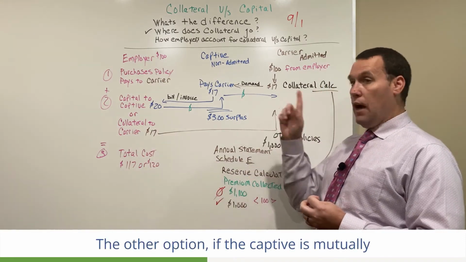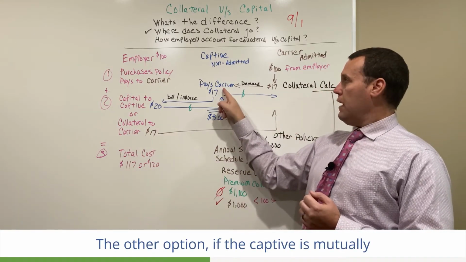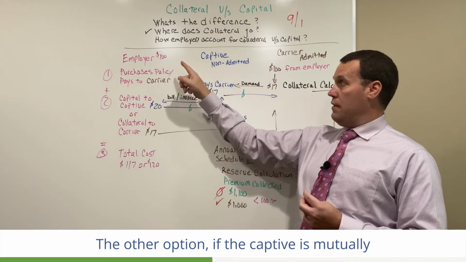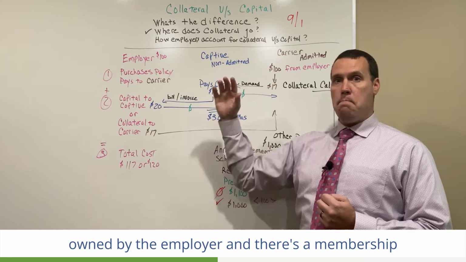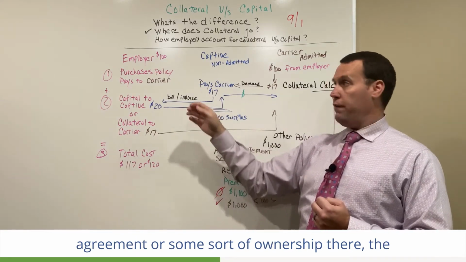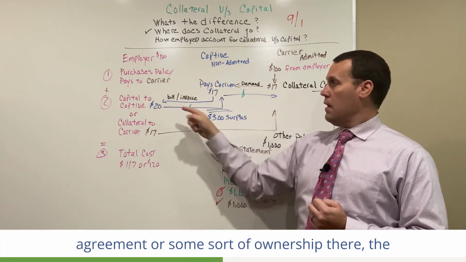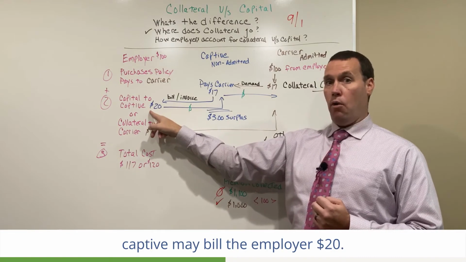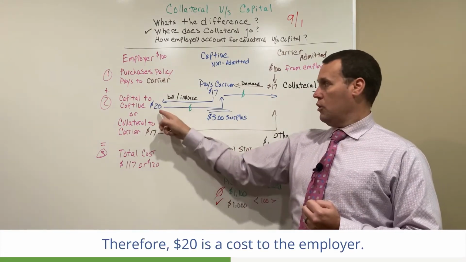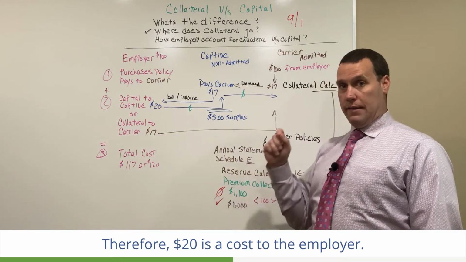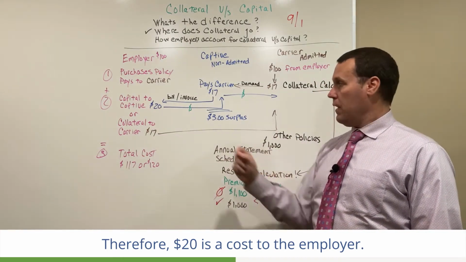Okay? The other option, if the captive is mutually owned by the employer and there's a membership agreement or some sort of ownership there, the captive may bill the employer $20. Therefore, $20 is a cost to the employer.